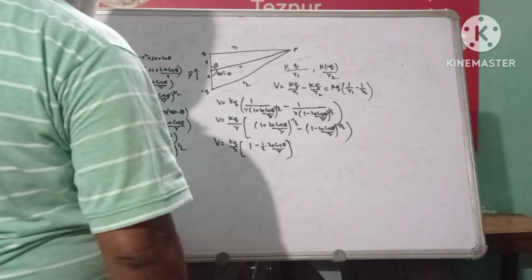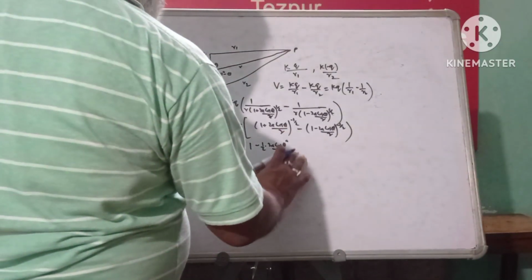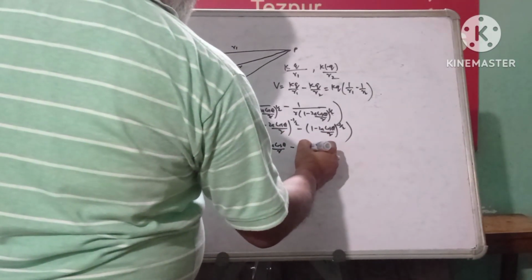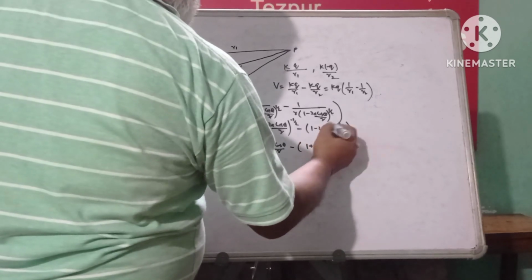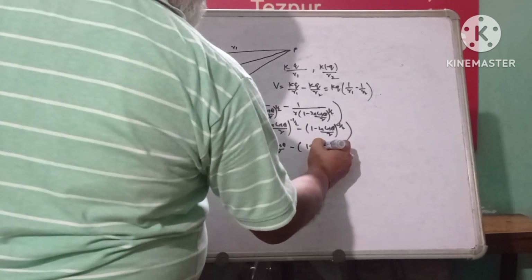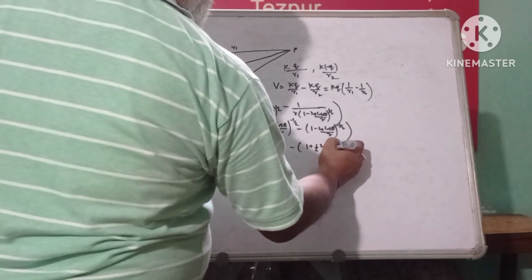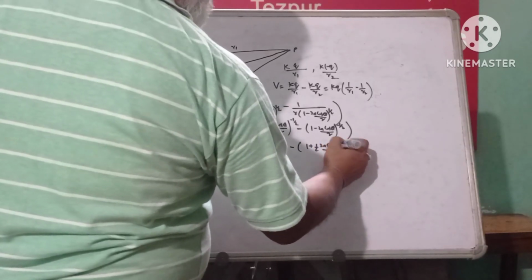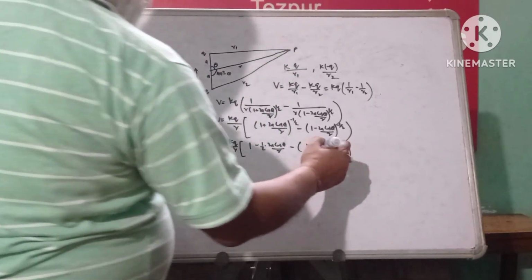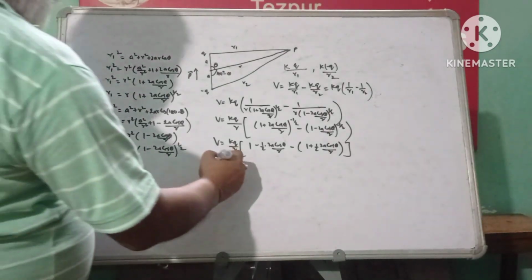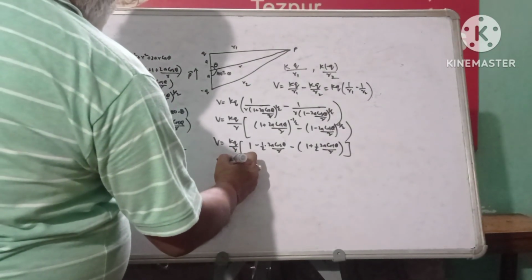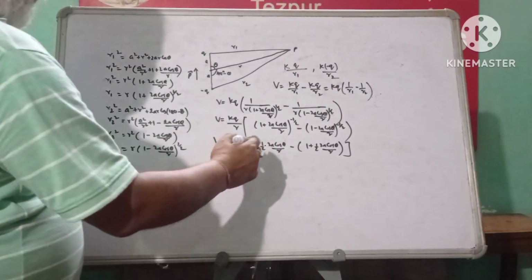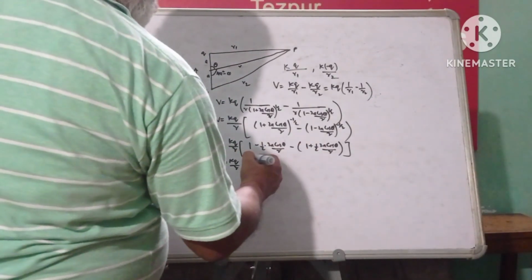And now this minus, this will be again 1 plus 1 by 2, 2a cos theta by r. Here we are also going to neglect the higher values because they will be very small. So here your V will be equal to kq by r, and the 2 cancels out.